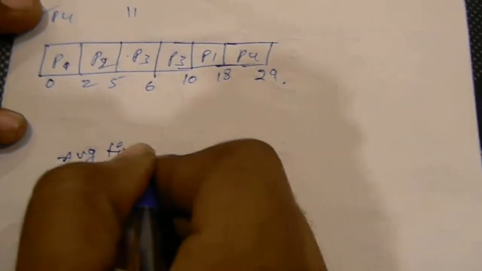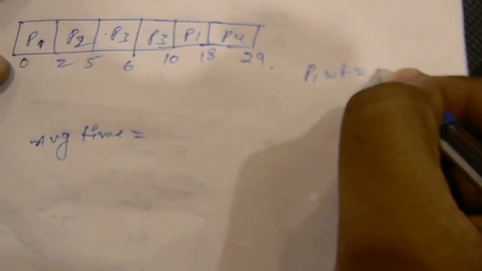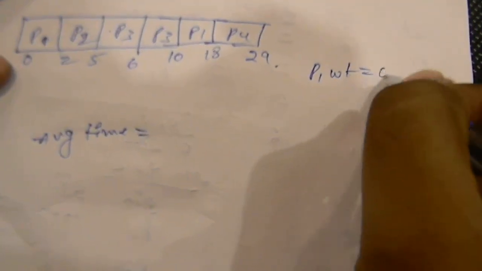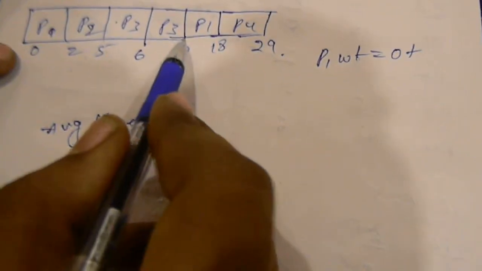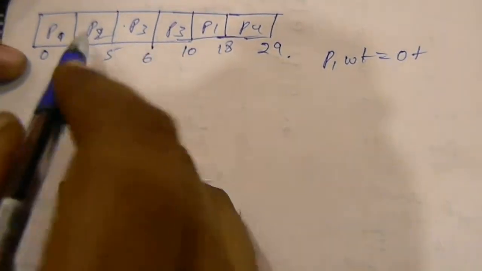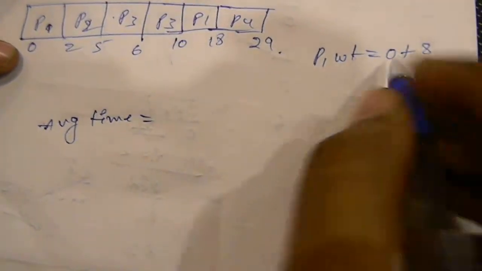Now the average waiting time. P1 waiting time: it starts its execution at the beginning, so it waits 0 milliseconds, but then P2 was there, so it waits from 2 milliseconds until 10 milliseconds. That means it waits 8 milliseconds to get the CPU again.